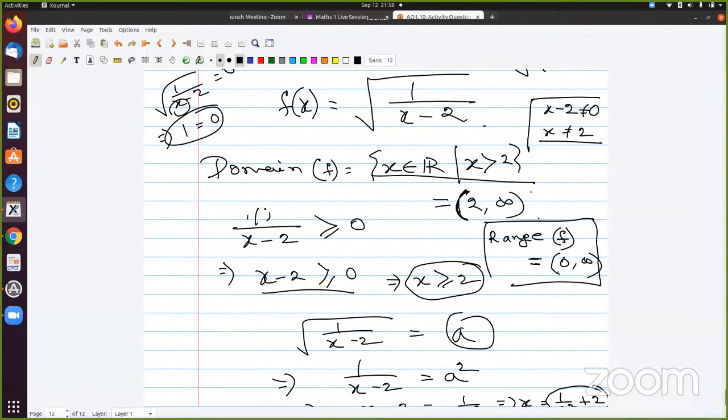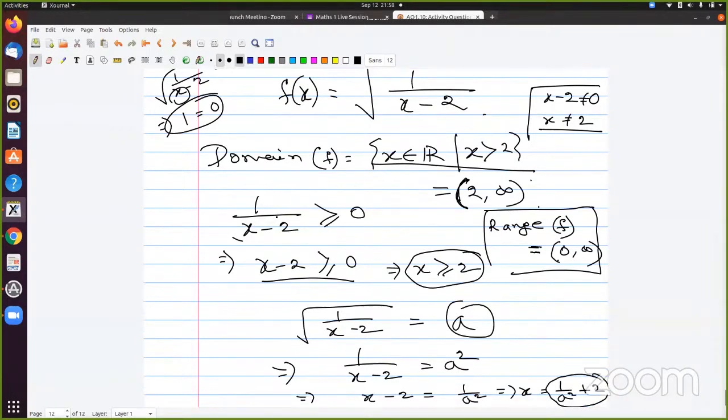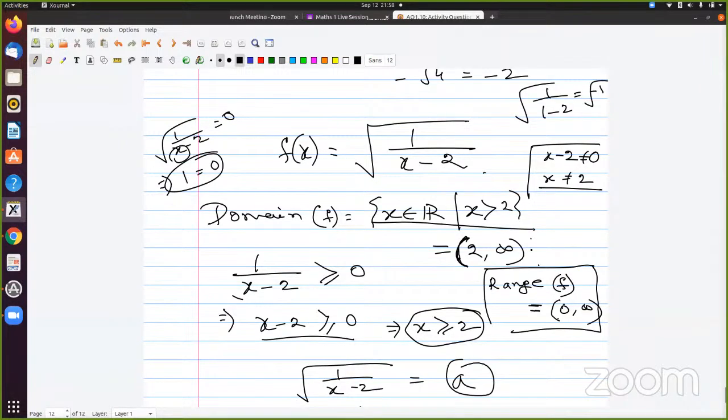But here the numerator is positive, so the denominator should also be positive, right? Got it? But why did we take equal to 0? The denominator cannot be equal to 0. That is coming later. Eventually I have eliminated 2. I have taken account of this. Okay, got it.